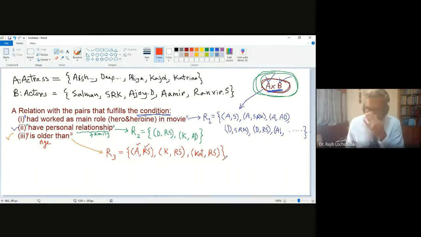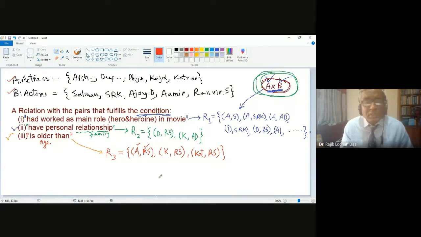these are the ordered pairs we are getting from this condition, that is, the first person will be older than the second person, and the first element will come from the first set, the second element will come from the second set.